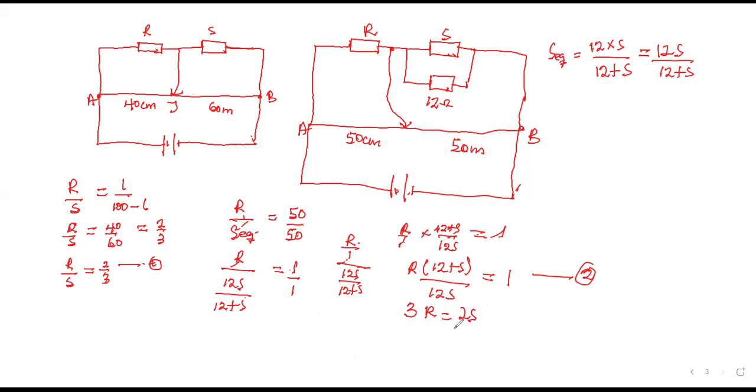If R is equal to 2S over 3, then you substitute that into equation 2 to determine S. When you finish, you then find S. Are we okay? So please finish it and give me the final answer.